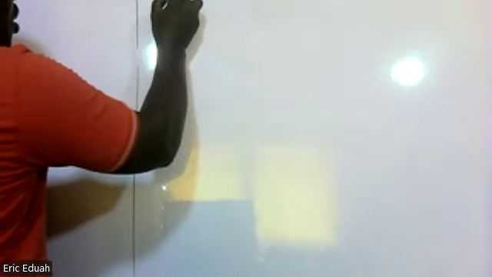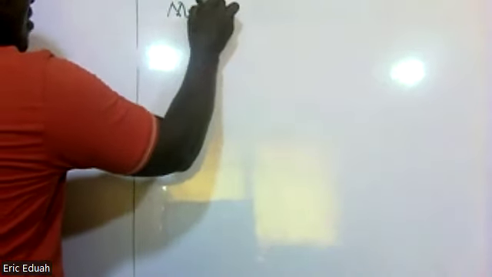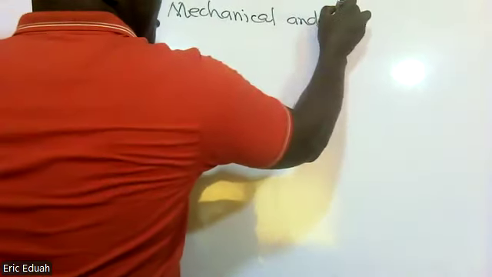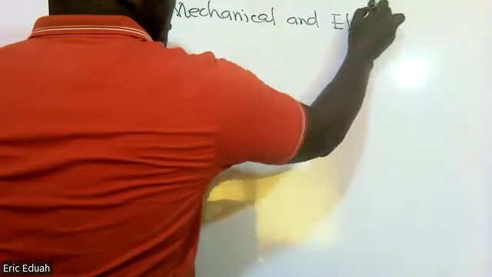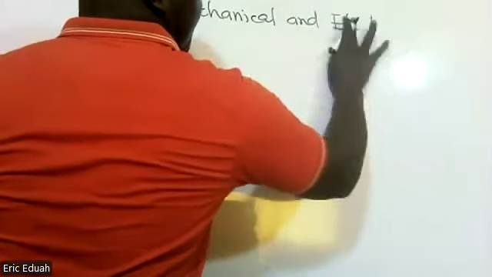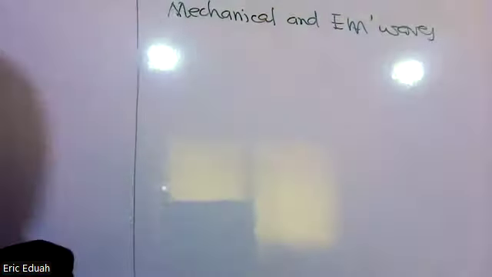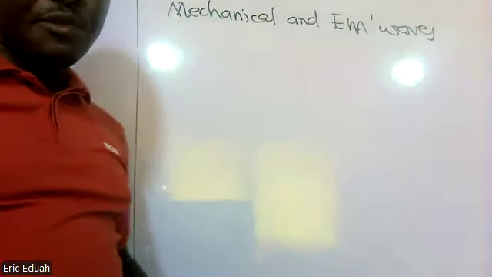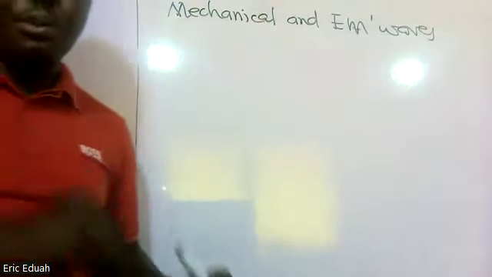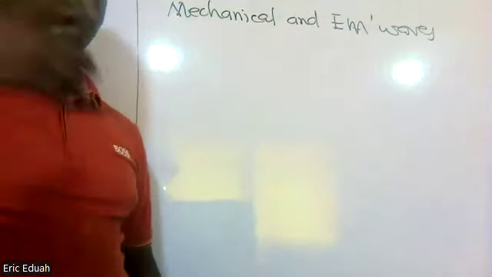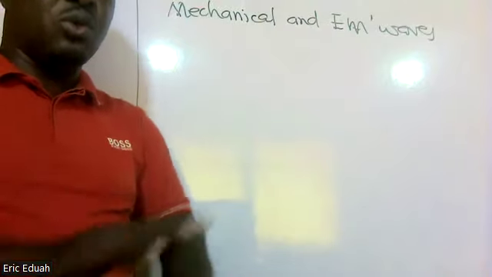All right. Now, yesterday we looked at classifications and we saw mechanical waves and electromagnetic waves, EM for short. Mechanical waves require a medium before they can be propagated from one point to another, whereas electromagnetic waves do not require any medium. I gave you examples.